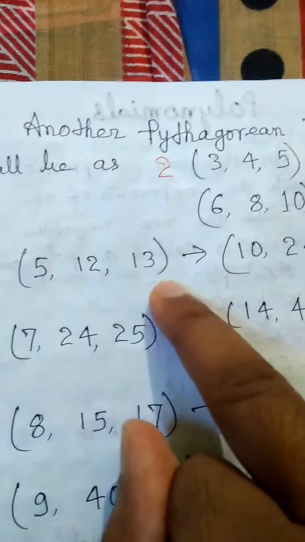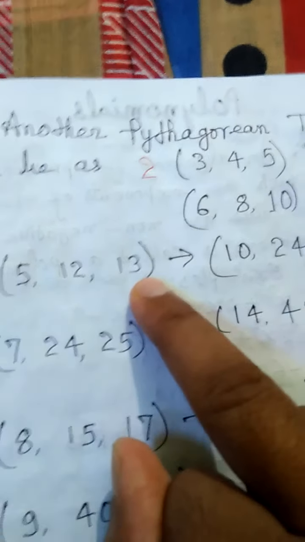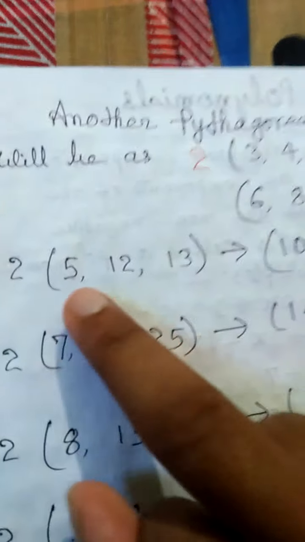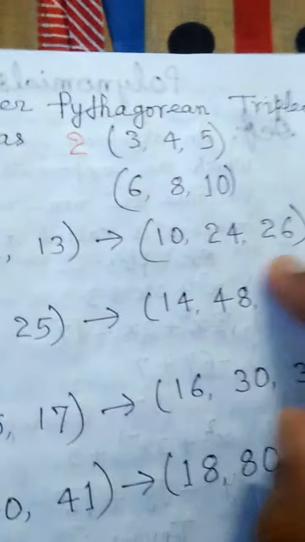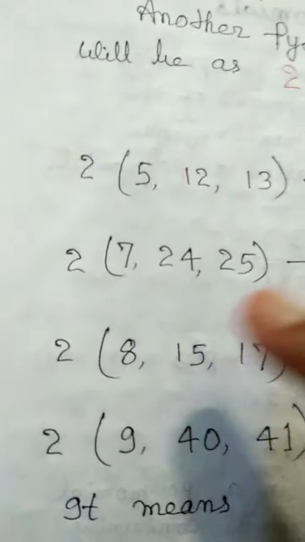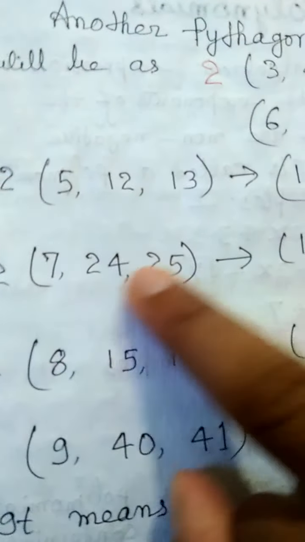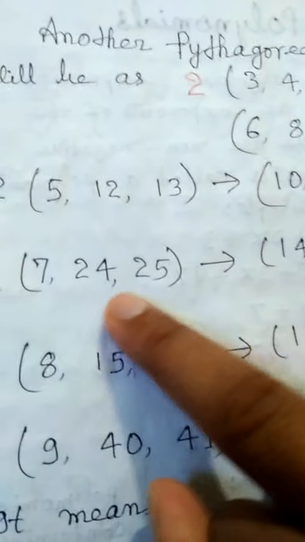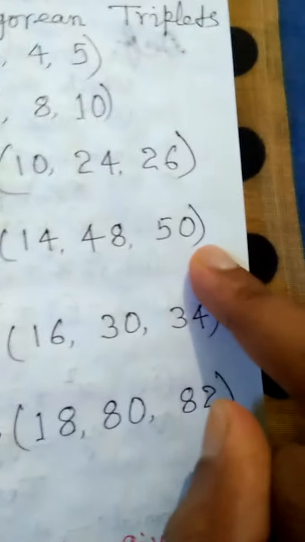This is a Pythagorean triplet which is called a primitive Pythagorean triplet: 5, 12 and 13. When we multiply each term of this triplet by 2, we get another Pythagorean triplet. Similarly, when we multiply 7, 24, 25 by 2, we get another Pythagorean triplet.